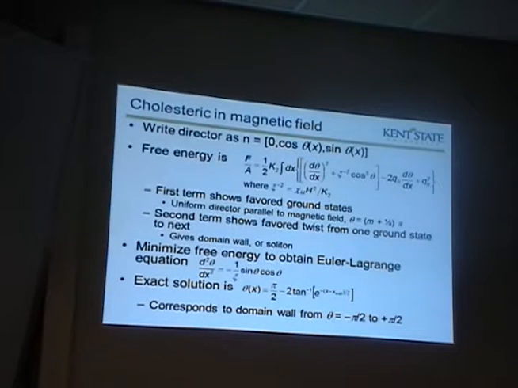If you think of that, there could be a situation where there's one region where the director is pointing like this, and then it flips over and points like that. So there's a domain wall where the director does the bad thing compared to the electric field.